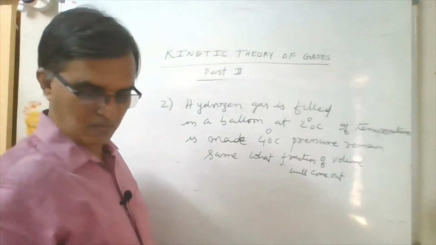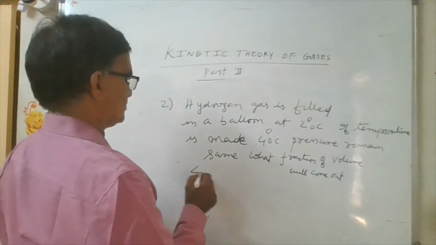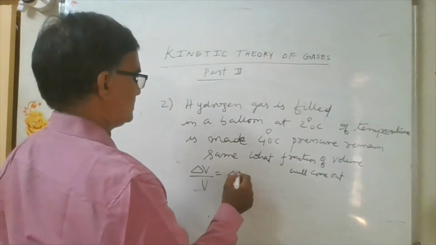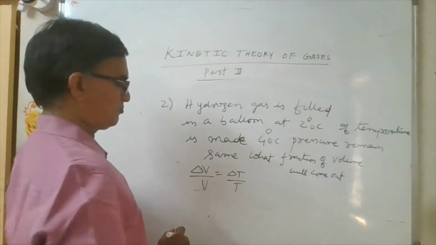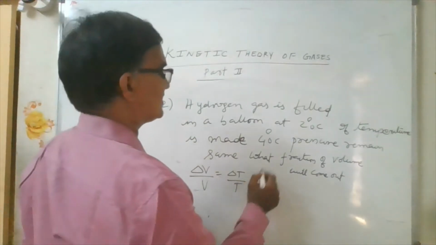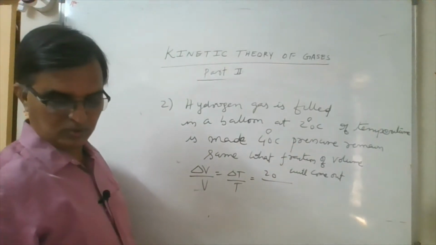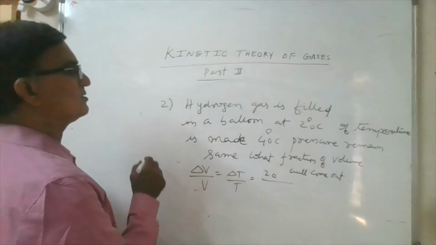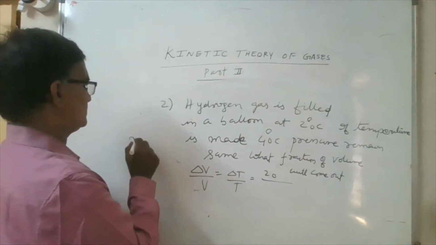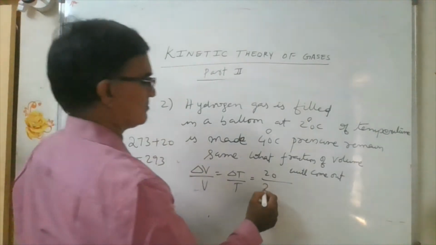Now you know V1 by T1, so delta V by V is equal to delta T by T. The difference in temperature is 20. Original temperature 273 plus 20, that is 293.